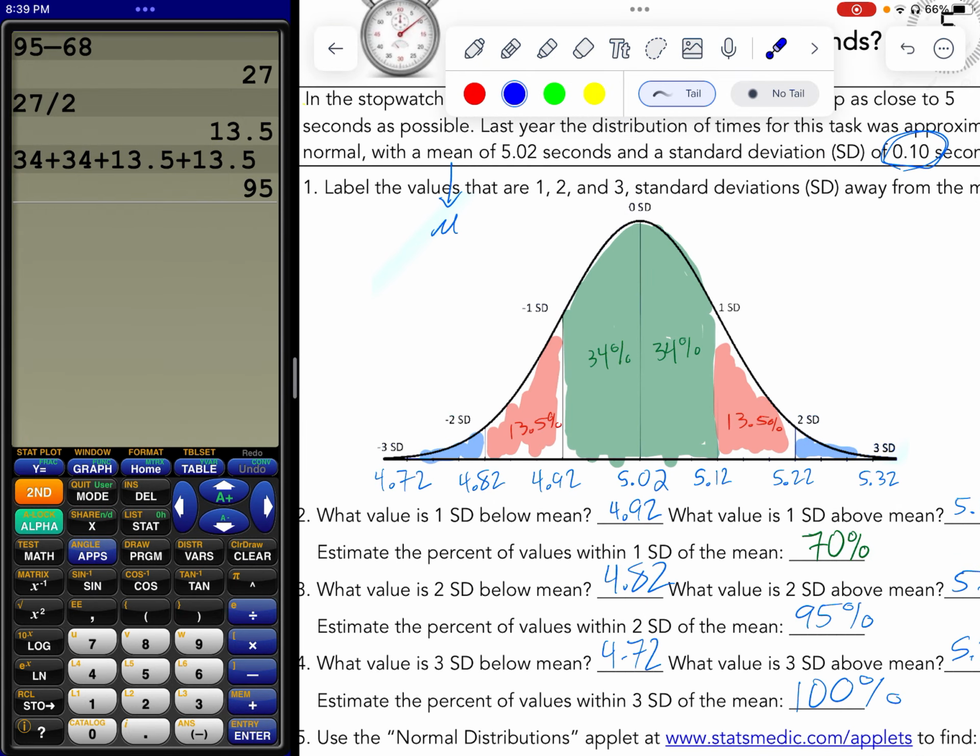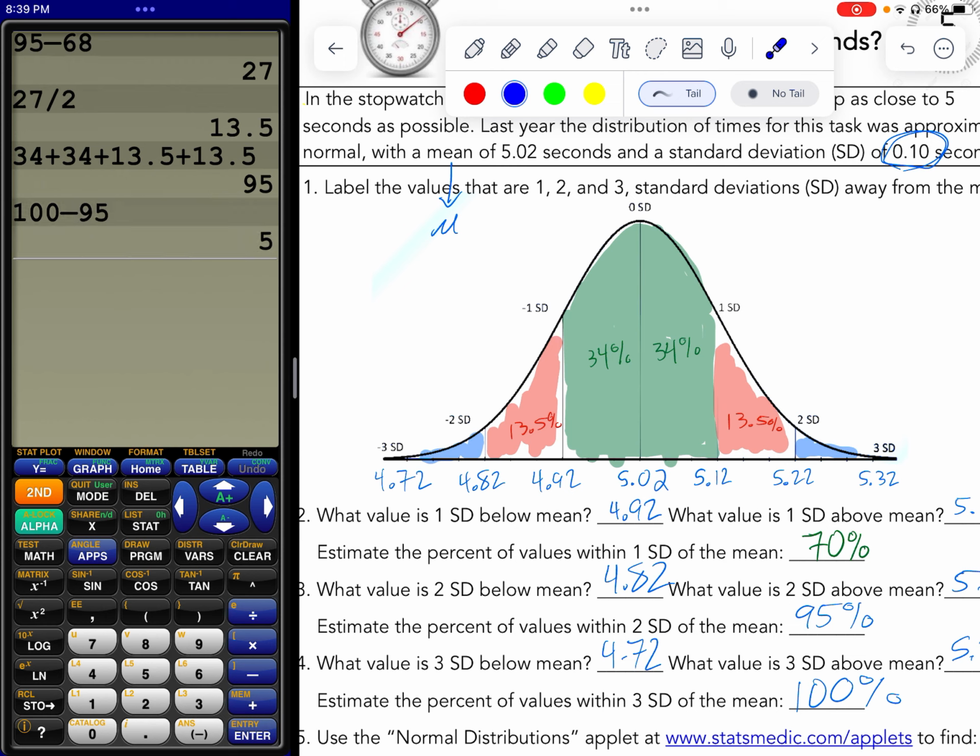So in other words, these two blue tails are what's left over if I get rid of the middle 95. So remember, it's a density curve, so everything adds up to 100%. If I take away the 95, that means that this little tail and this tail combined make up 5%. So then if I cut it in half, that tells me what this tail is down here.